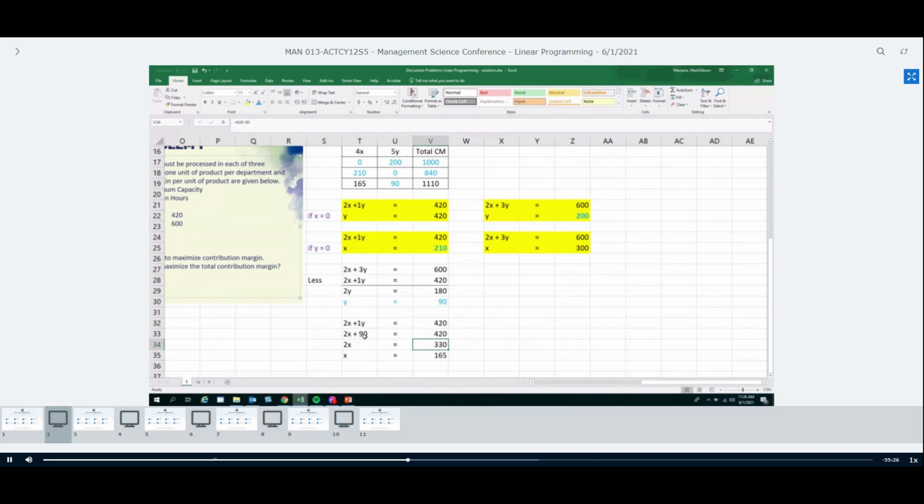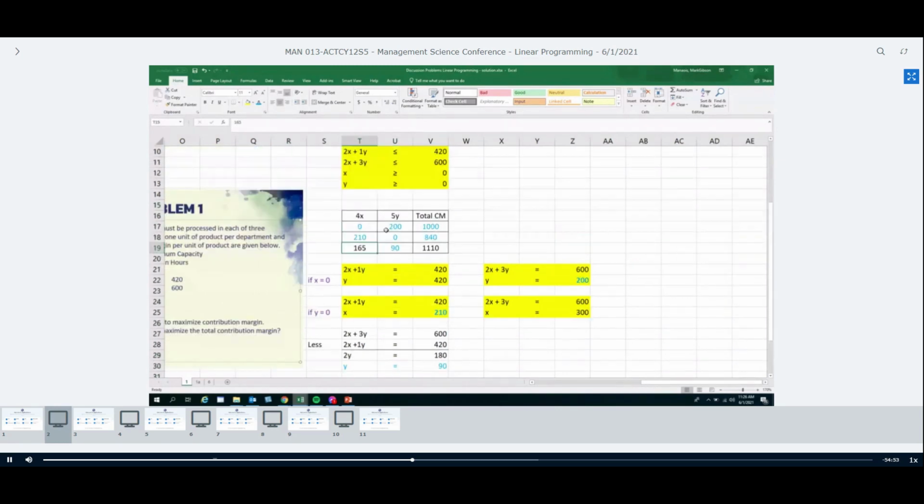Transpose natin yung 90 papunta dito sa kabila. So, that's 420 minus 90. Dahil positive dito, pag transpose mo sa kabila, magiging negative. So, that's 330. So, now, x is equals to 165. 330 divided by 2. So, that's 165. Okay? So, meron na rin tayong value for x. So, that's 165.